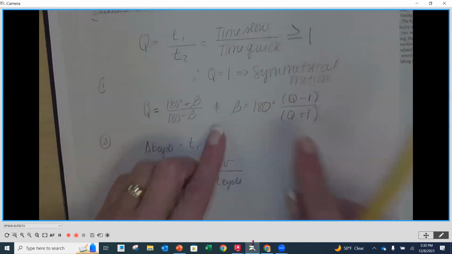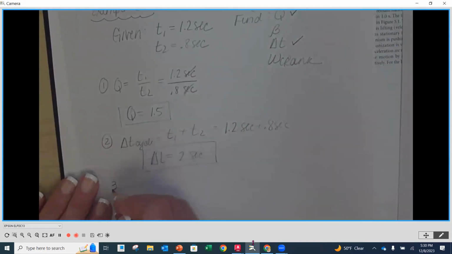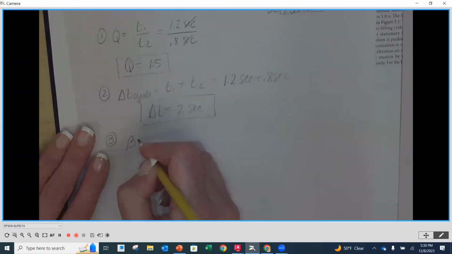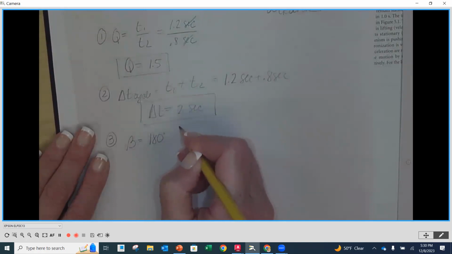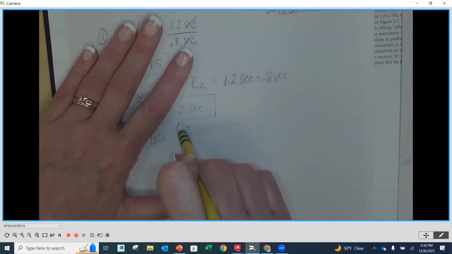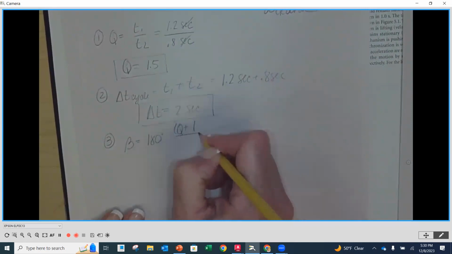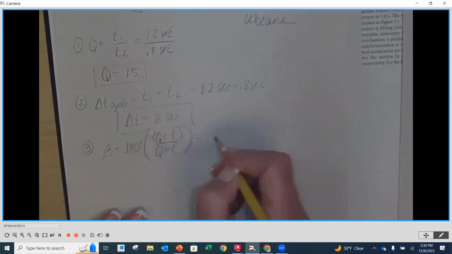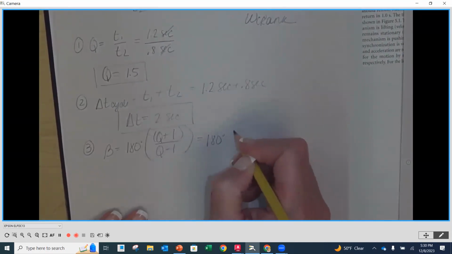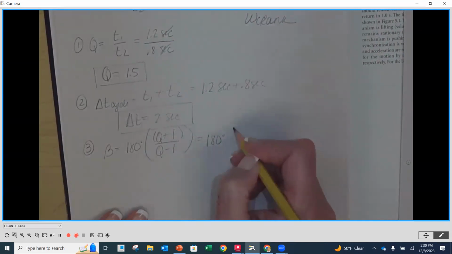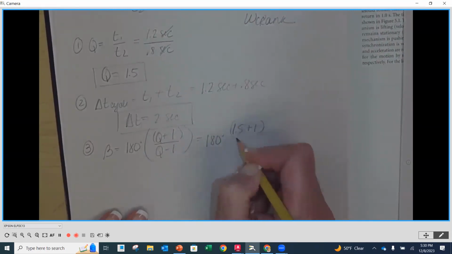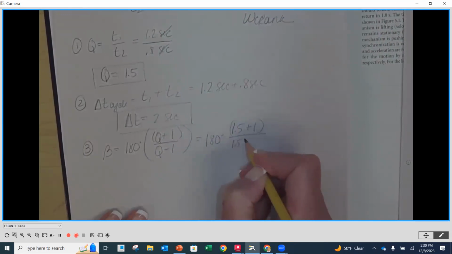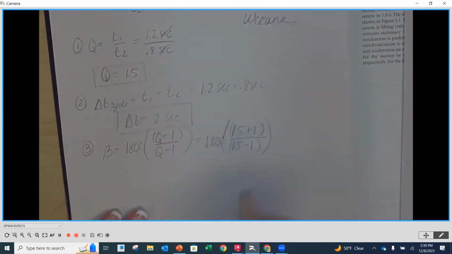So we're going to write out beta's equation, step number 3 here. Beta is equal to 180 degrees multiplied by Q minus 1 over Q plus 1. Our Q was 1.5, so 1.5 minus 1 on top, divided by 1.5 plus 1 on the bottom.